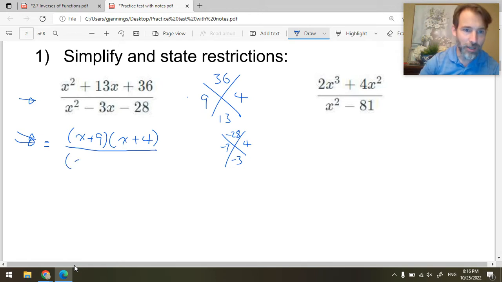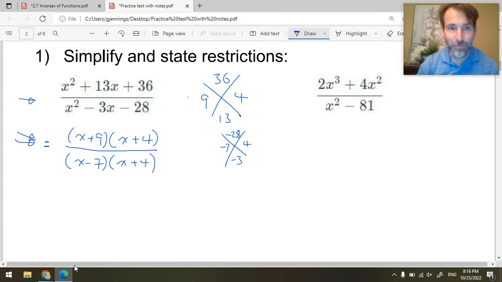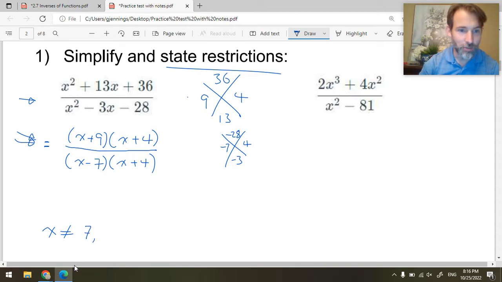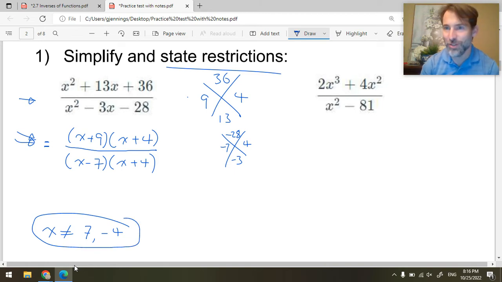So we will have x minus 7 times x plus 4. Now, it also tells me to state restrictions, so I better do that. Here, x is not equal to 7, nor is it equal to negative 4. And for style points, write them smallest to largest, not the way I just did, the other way.